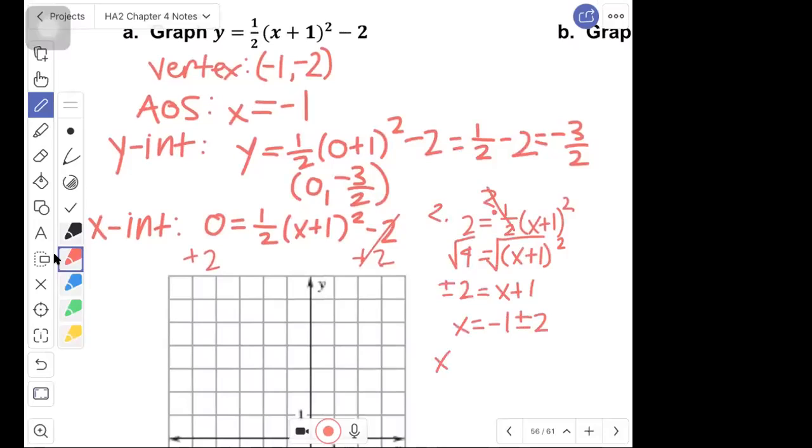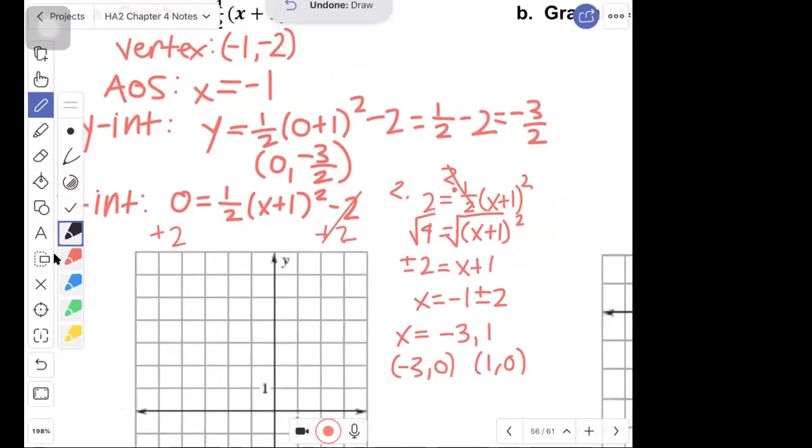So then our 2 x-intercepts would be -3 and 1. I want to make sure I write those as ordered pairs. So when you have an answer like that where they're just whole numbers, you want to make sure that you separate it and get those two. Anytime you're getting x-intercepts, you want to separate it.